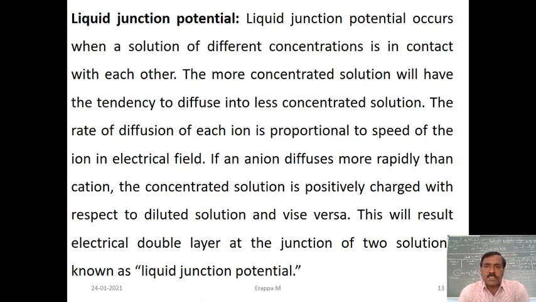Liquid junction potential. Liquid junction potential occurs when solutions of different concentration are in contact with each other. The more concentrated solution has the tendency to diffuse into the less concentrated solution. The rate of diffusion of each ion is proportional to the speed of the ion in an electrical field. If an anion diffuses more rapidly than the cation, the concentrated solution is positively charged with respect to the dilute solution and vice versa. This results in an electrical double layer at the junction of the two solutions, known as the liquid junction potential.